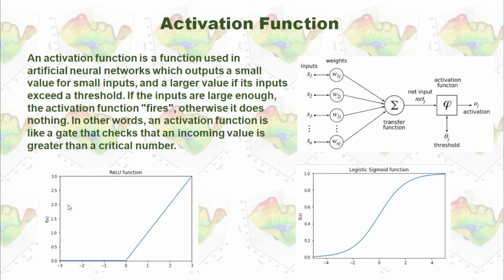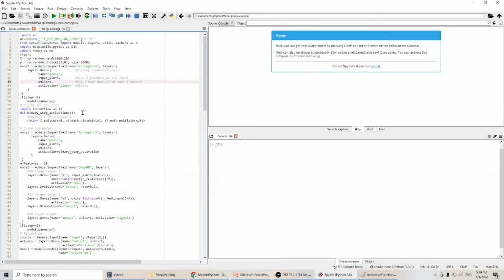Now let's go to Python to see how we can build a deep learning model with Python. In Python, there is a package called TensorFlow. The package TensorFlow can help us build neural network models. First, let's build a very simple model. This model will have only 3 inputs and 1 output, and the activation function is linear.